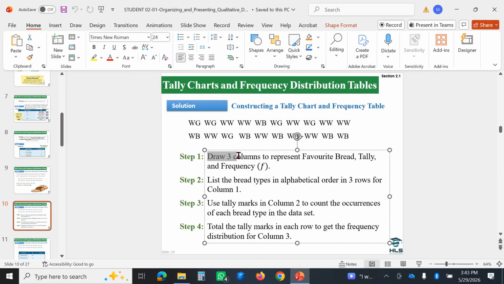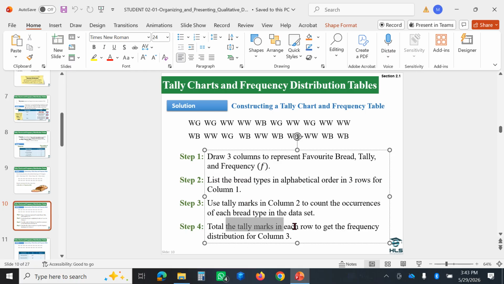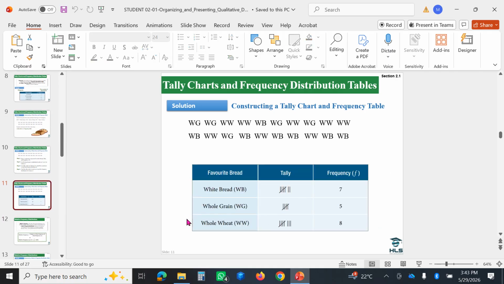Step 1, draw 3 columns to represent favorite bread, tally, and frequency. List the bread types in alphabetical order in 3 rows for column 1. Use tally marks in column 2 to count the occurrences and total the tallies and get the numbers there. And lo and behold, here we go, right?